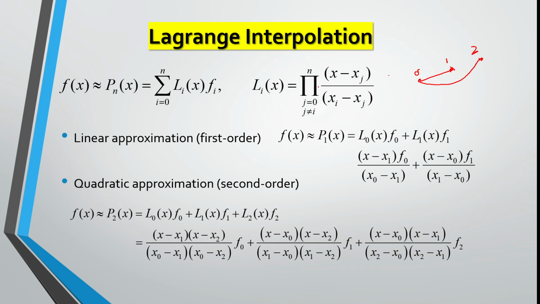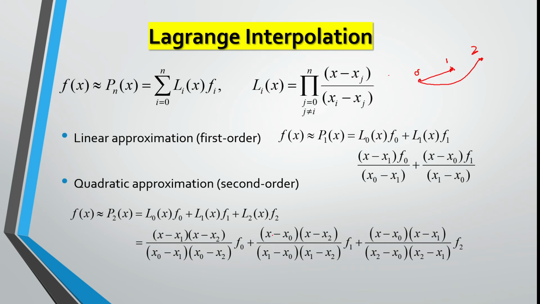That's why we use this symbol. For L naught numerator, x minus, it cannot use point 0, so x minus x1, x minus x2, multiplied by f naught, and the denominator is x replaced by the point 0, so x naught.